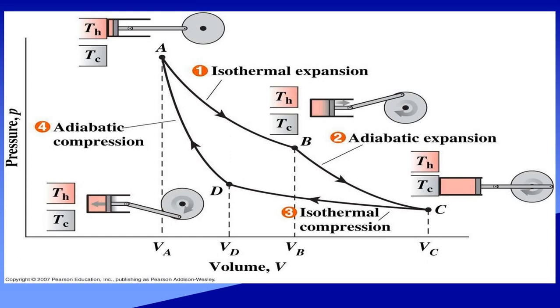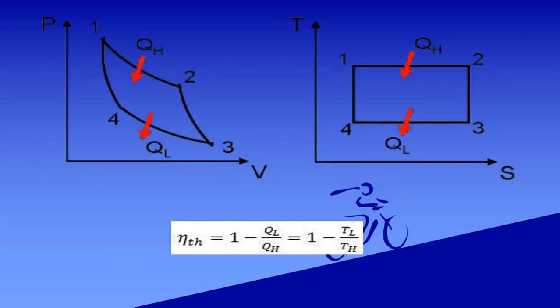So that will be equal to 1 minus QR by QS. So if QS is the amount of heat energy, here it is taken as QH, then QH minus QL by QH becomes 1 minus QL by QH.